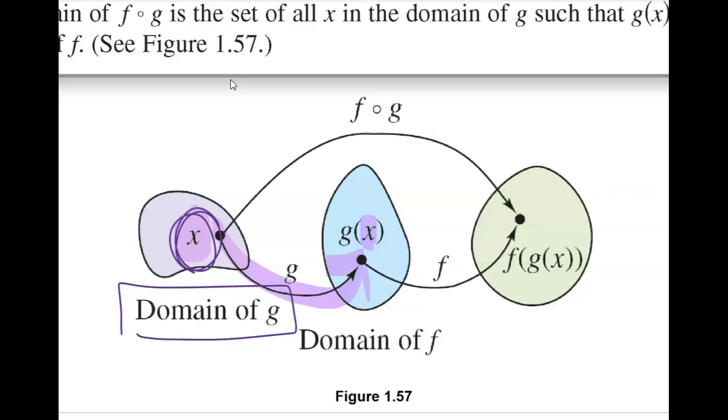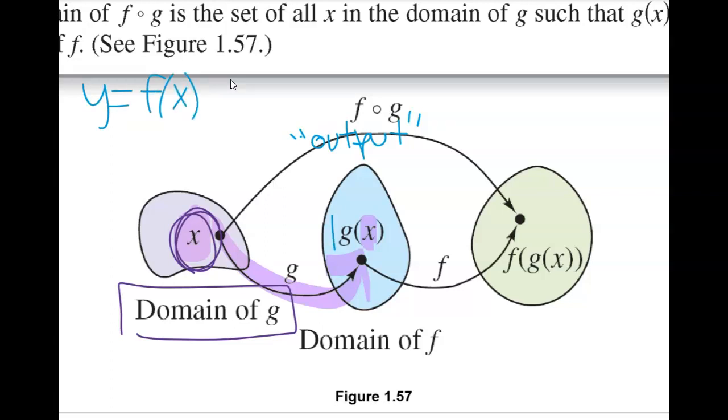And from there, we get an output. So that output of function g will be like a y value. But remember how we use function notation, and so an output could also be represented by the name of the function.